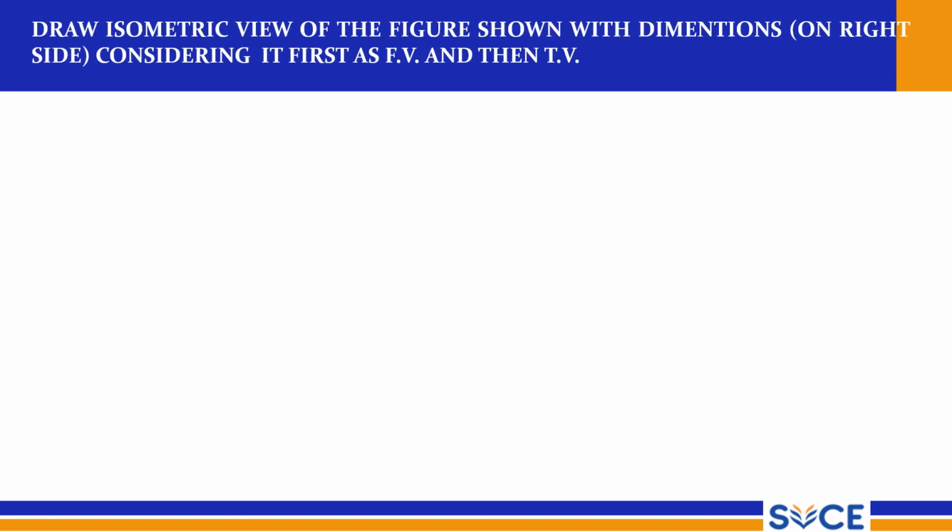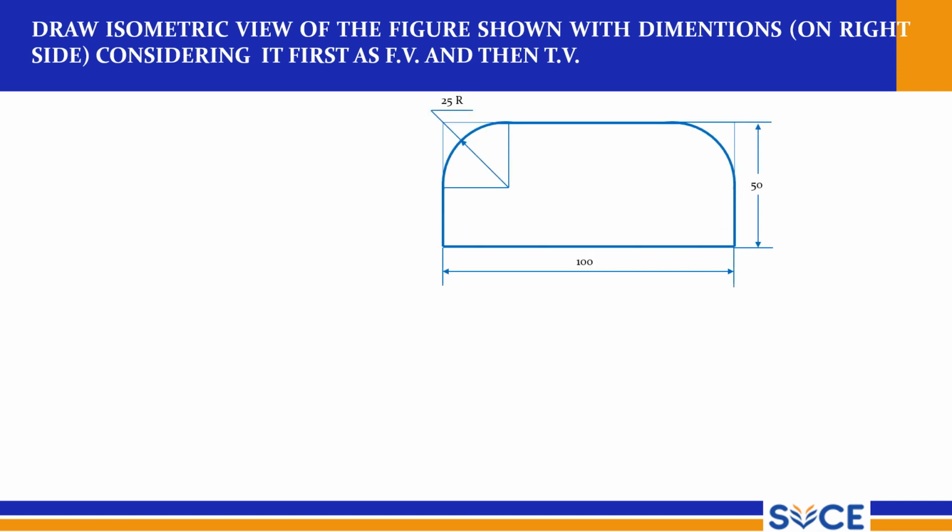And the isometric view of the figure shown with the dimensions, right? And this is the figure, and this should be drawn in both vertical as well as horizontal. And this is the top view, right? Top view is horizontal. You have to use the 30 plane, right? So draw a line at 30 degrees, draw an infinite line, right?